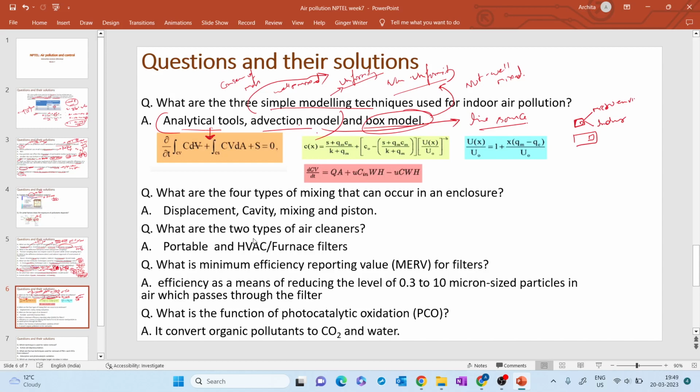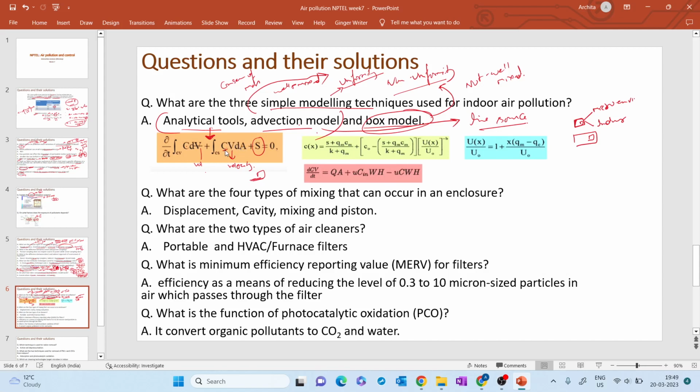So this is the equation that is designed for the analytical tool modeling technique. What we see is that this is volume and this is velocity. First, S is the emission rate, I think, and then you see the change in the concentration with volume, and then you see how much concentration is changing per area with a particular speed.